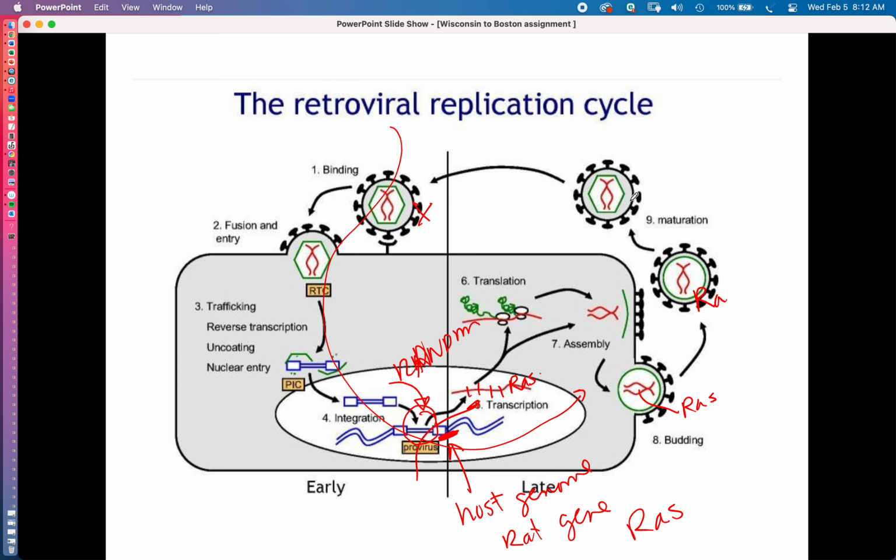Scientists in other labs found other oncogenic retroviruses that had different host genes. So the excitement became quickly that it's the host gene, the host RAS gene, that's the oncogenic gene. It's not the virus at all. It's that you're bringing this host gene, and there's something wrong with the host gene.